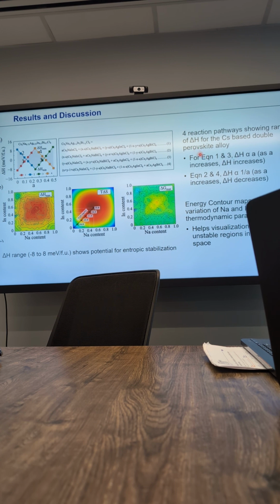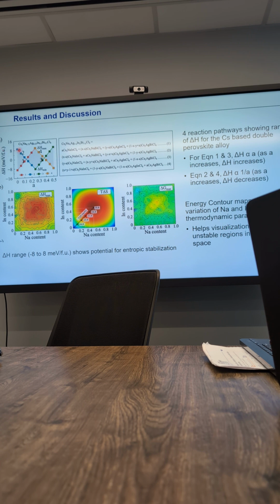So for your equation 1 and your equation 3, you see that the A term here is just how many compounds you have of this basically. For this A term, as it increases, your formation enthalpy also increases to this delta H max, and then it decreases with increasing A, right?